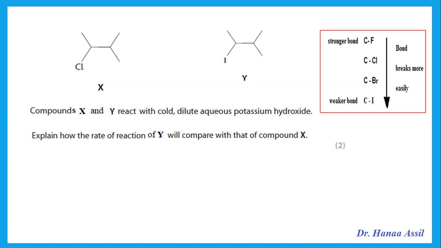That means which of these bonds will break faster and react with the hydroxide? We said the one that has the C-I bond is faster because a C-I bond is weaker, more easily broken than a C-Cl bond.